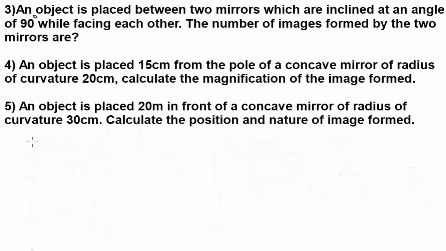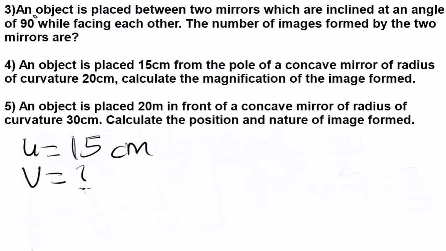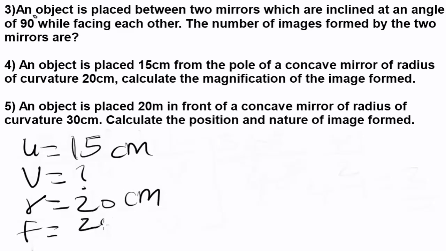So in this question, we have the object distance u to be 15 cm, and the image distance is unknown, and we are given the radius of curvature r to be 20 cm. Now to get the focal length, it will be radius of curvature divided by 2, so it will give us 20 divided by 2, which is 10 cm.